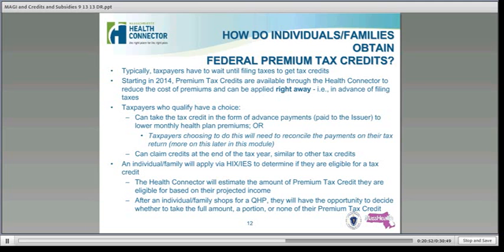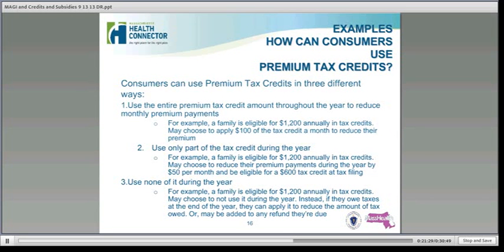The next row down, mass premium and cost sharing subsidies, and you'll see in parentheses the connector care plans. Again, this is different than how we have presented in the past. Policy is involved on this, so we just want to make sure that folks understand that this is additional financial assistance to reduce the monthly premiums and out-of-pocket costs, and are applied to connector care plans, made available only through us.